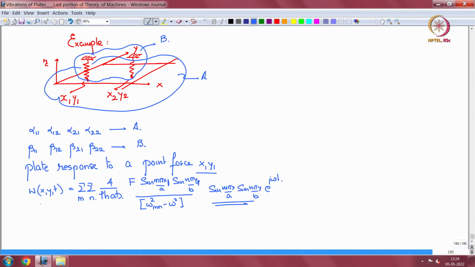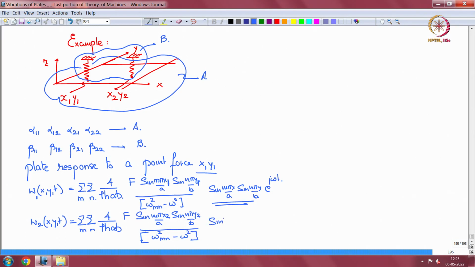Okay. Similarly, the response of the plate to a point force at point 2 is the summation of 4 by rho h a b F sin m pi x2 by a sin n pi y2 by b, divided by omega mn square minus omega square.